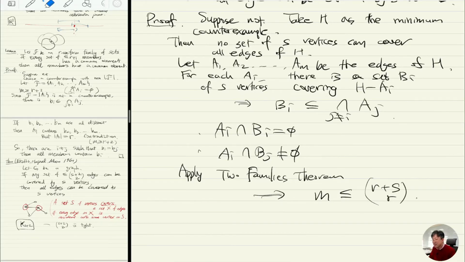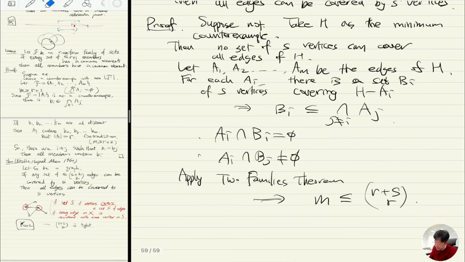So that means whenever you have an example where not all edges can be covered by S vertices, then there exists a subset of edges of size at most r plus s choose r with the same property, that not all edges can be covered by S vertices. But this is a contradiction. What's the contradiction?